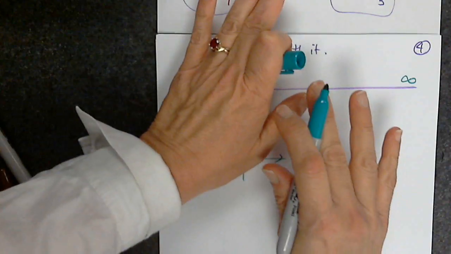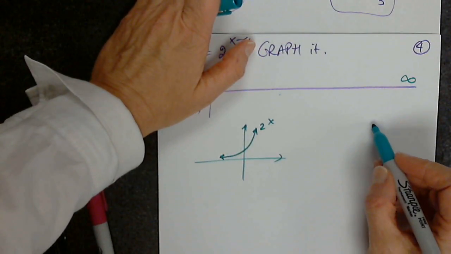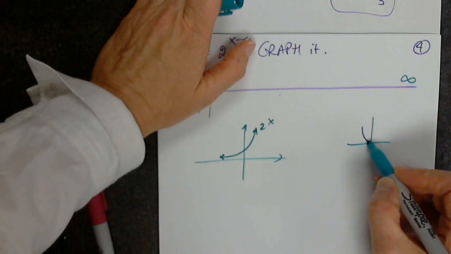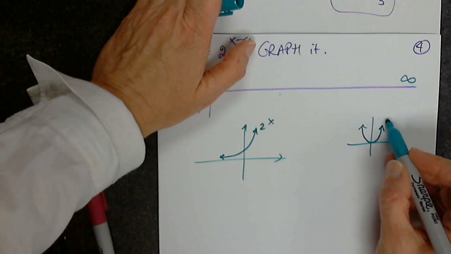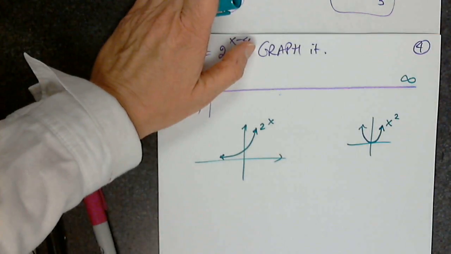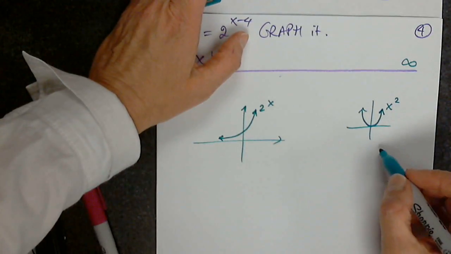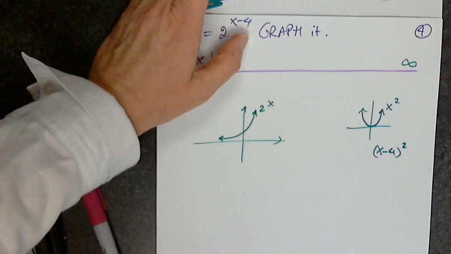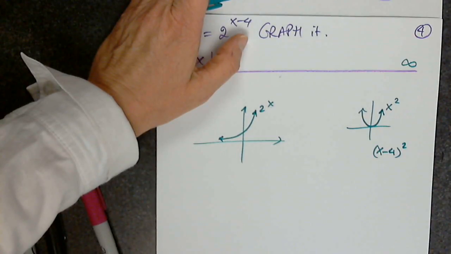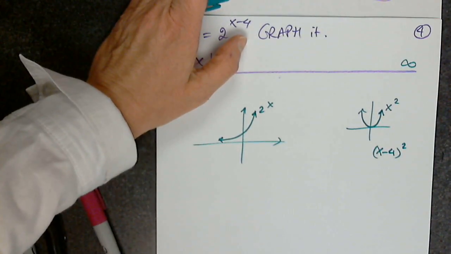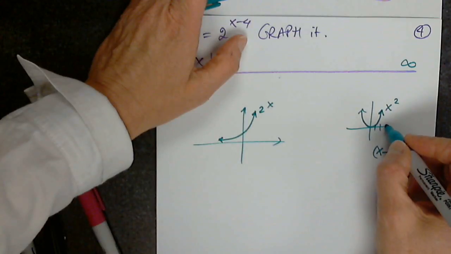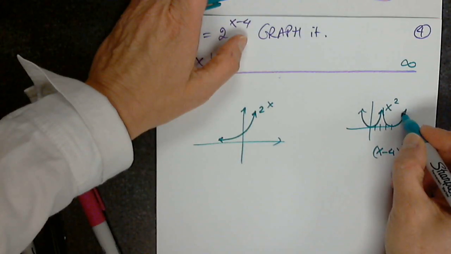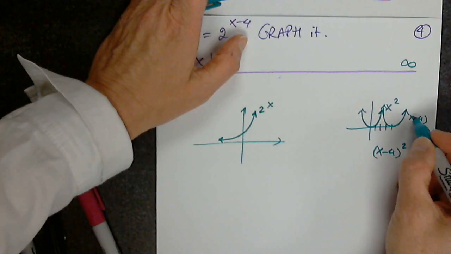So for a moment, let's deviate for a second. If I have x squared, I know this is the simplest possible quadratic function. We discussed this in chapter 11. But now if I want x minus 4 squared, where will the vertex move? To the right. Exactly. So 1, 2, 3, 4, and this will be the x minus 4 squared.